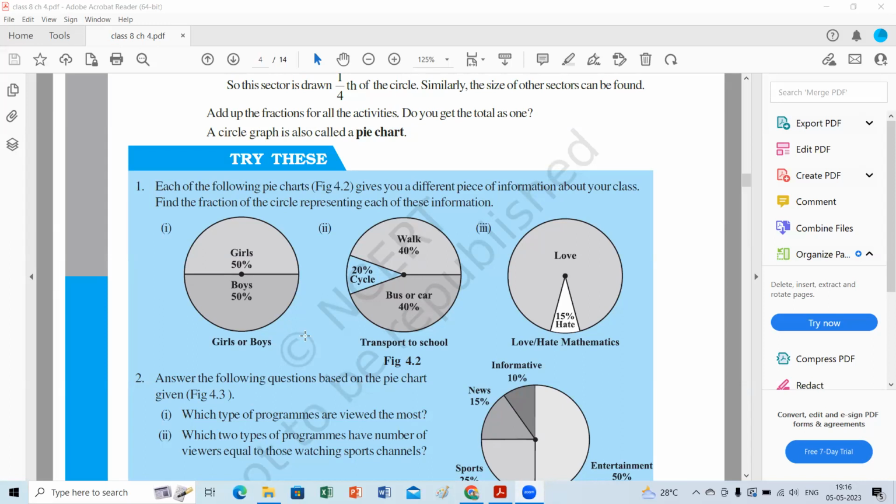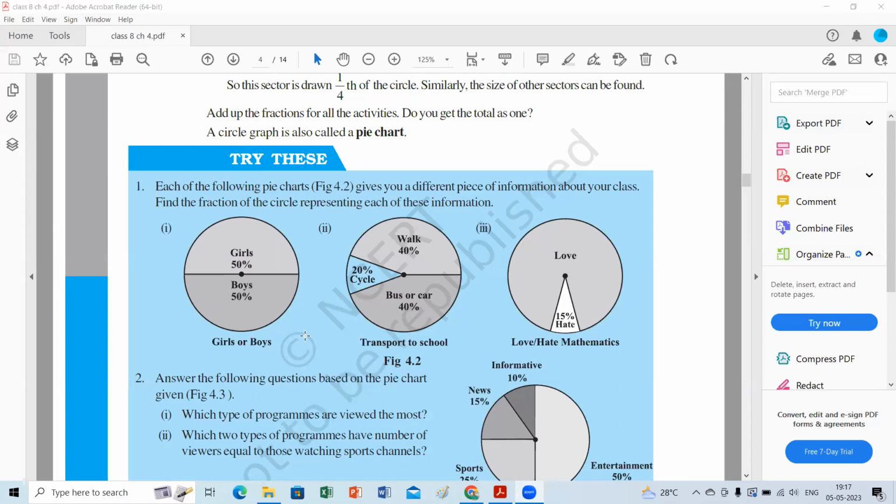What about the second one, regarding transport to school? 20% cycle means what fraction of people are going by cycle? 20 by 100, which is nothing but 1 by 5. Similarly, 40% means 40 by 100. They only mentioned to find the fraction, so we are just taking the total as 100%.